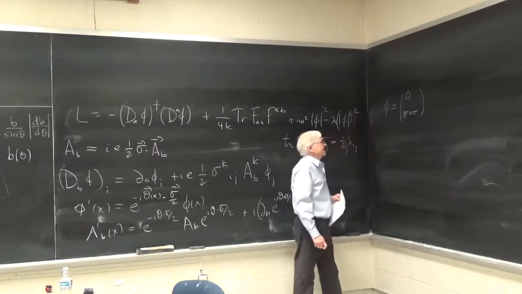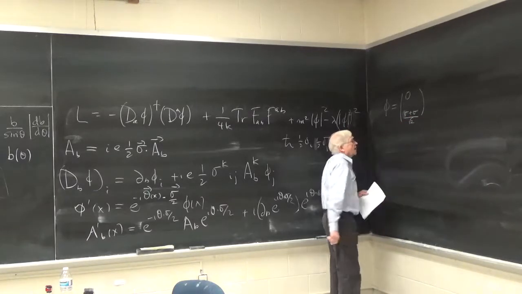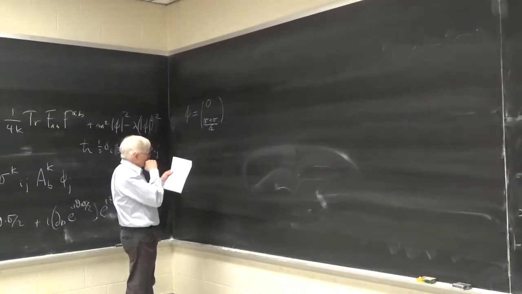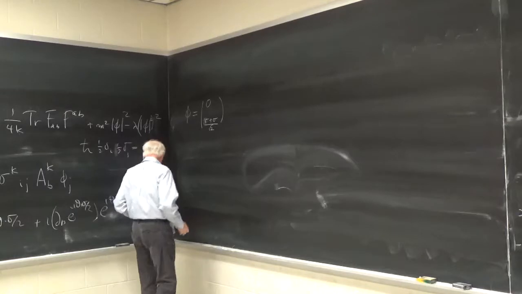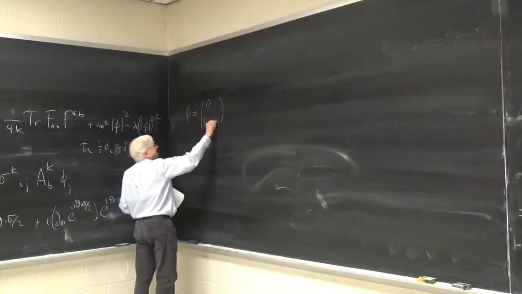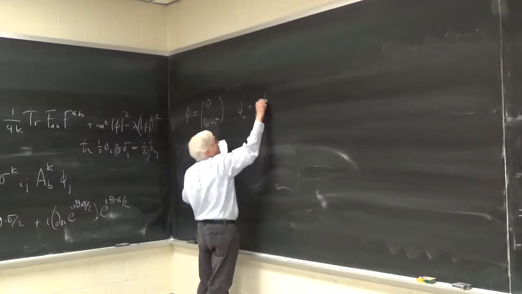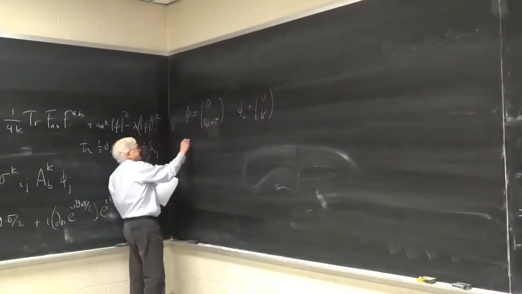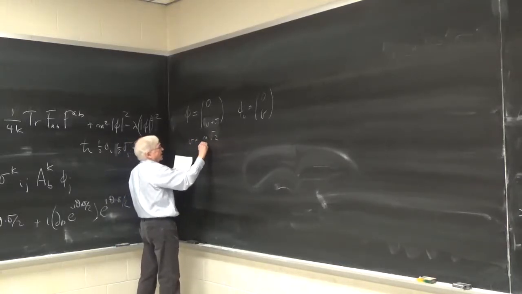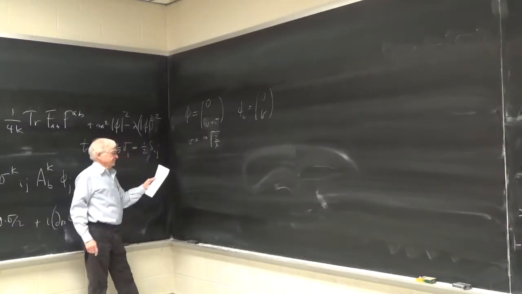And now that I think about it, this ought to be over root 2. But let me follow my notes directly without trying to change the notation. So phi_0 here is (0, b), and here b is the square root of m squared 2 over lambda.